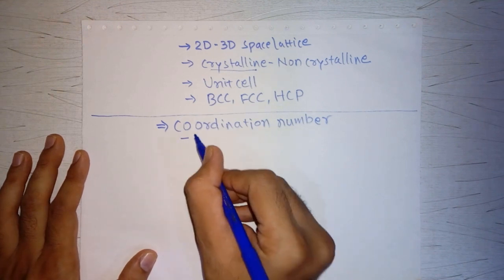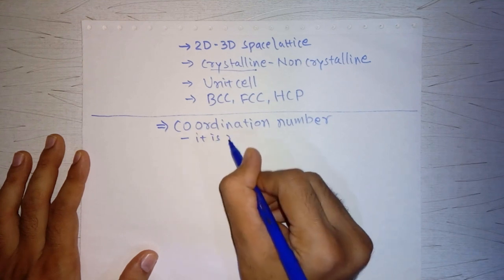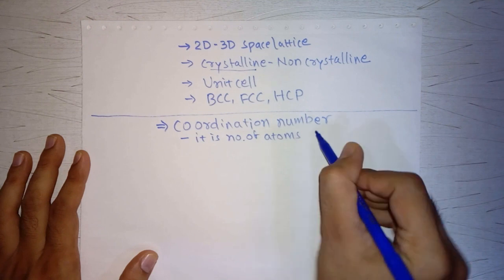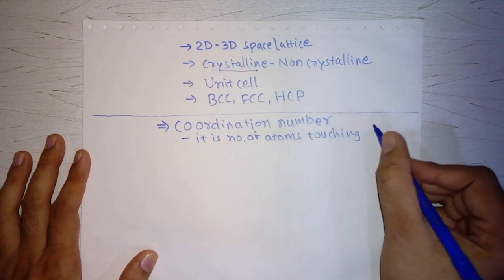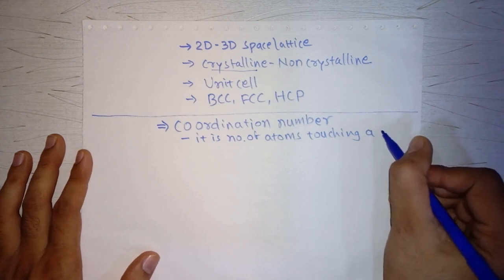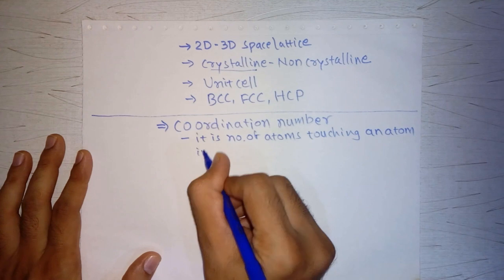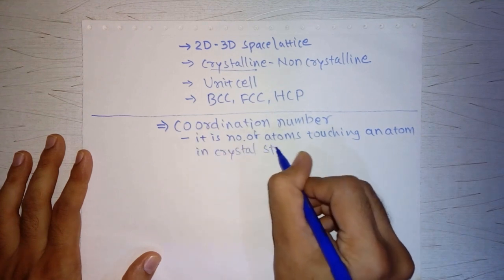Okay, so coordination number definition says it is the number of atoms touching an atom in crystal structure.